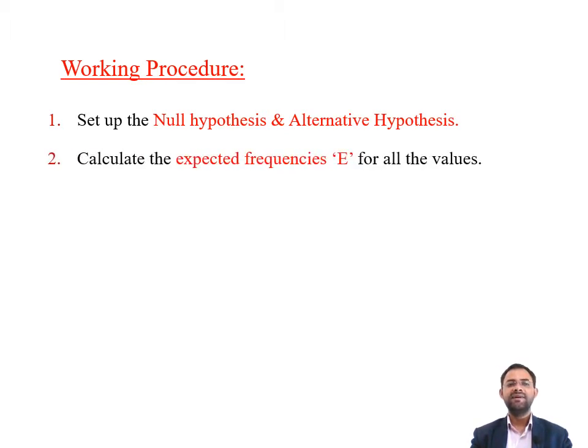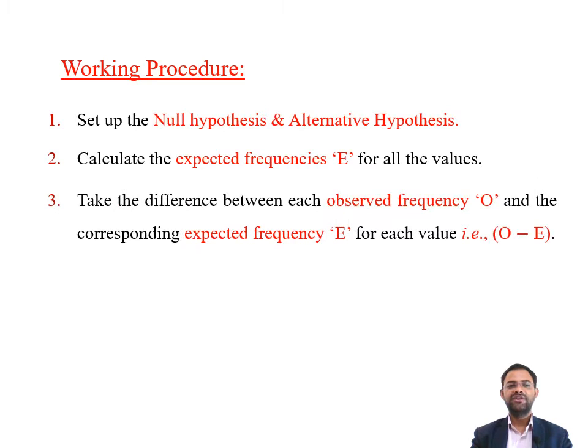Now the working procedure of the chi-square test for goodness of fit is: in the first step, set up the null hypothesis and the alternative hypothesis for the given genetical problem. In the second step, calculate the expected frequencies E for all the values.